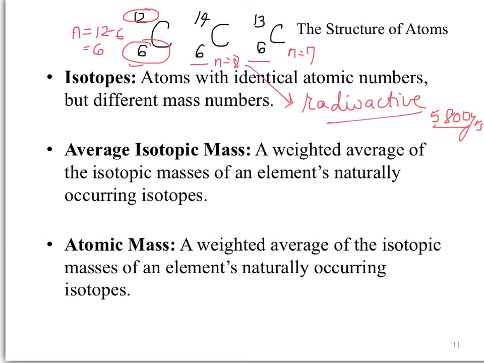But realize for now, isotopes will have different mass numbers and hence they will have different numbers of neutrons as well.